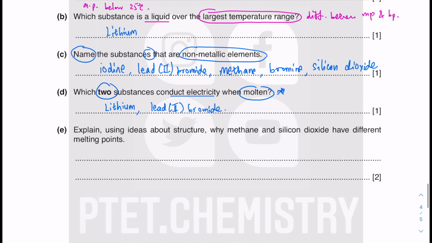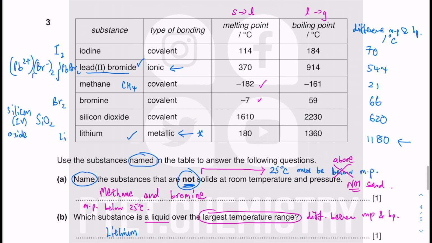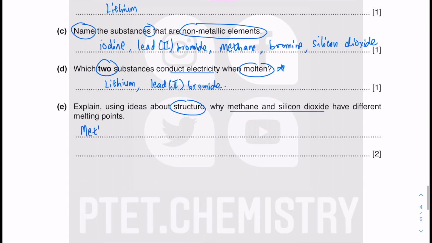Now, why do methane and silicon dioxide have different melting points? Talk about structure. So methane and silicon dioxide, they both have covalent bonds, but it's not just the bonding, it's also the structure that actually determines what melting point you will have, because what forces of attraction are you breaking? So methane has a simple molecular structure.